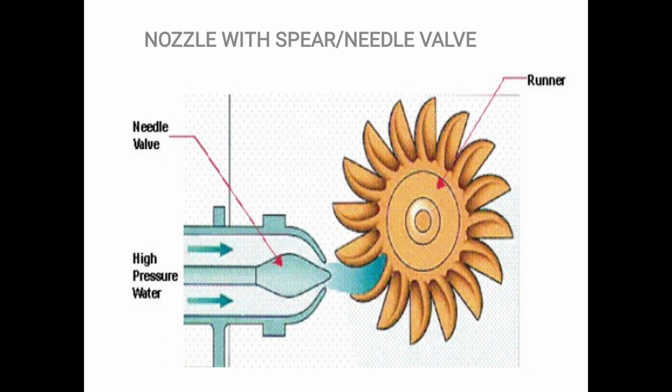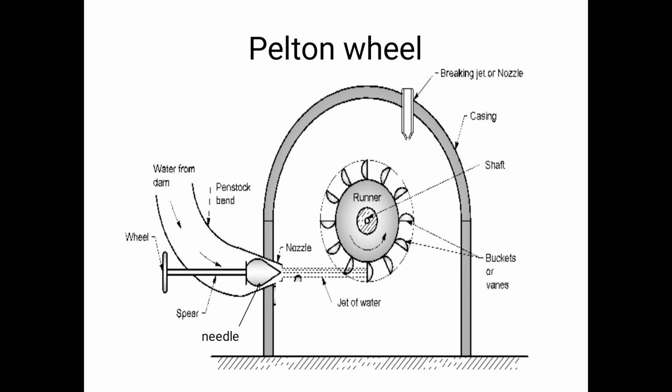Then there is a needle valve at the end of the spear, which is in the penstock, and it is covering the nozzle from inside. Again, if you see clearly here, there is a wheel attached at the end of this spear, and at the right hand side of the spear there is a needle. The needle's size and shape is such that it will cover the whole nozzle opening when the wheel is completely rotated towards the right.